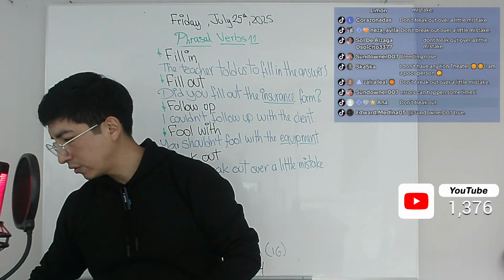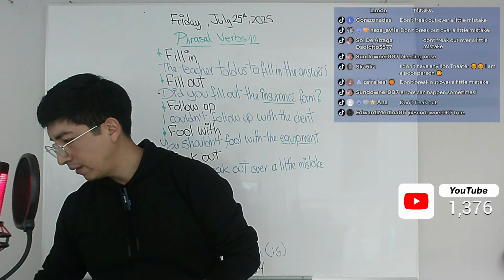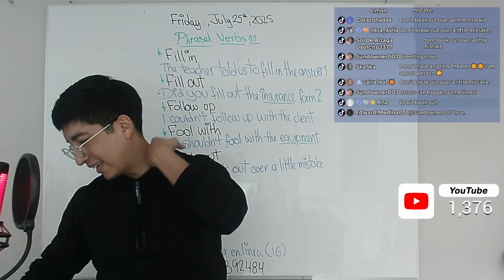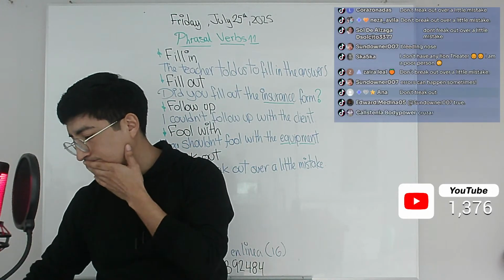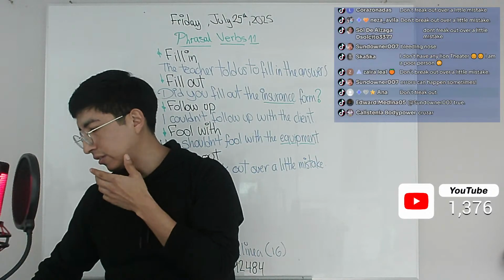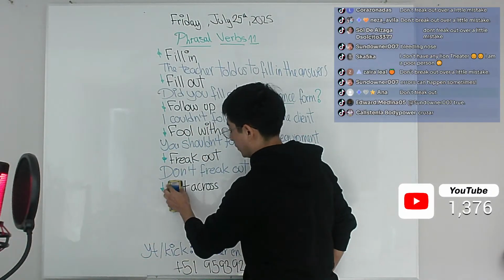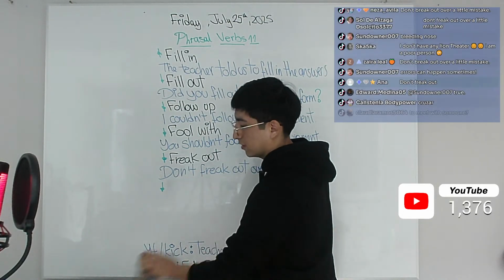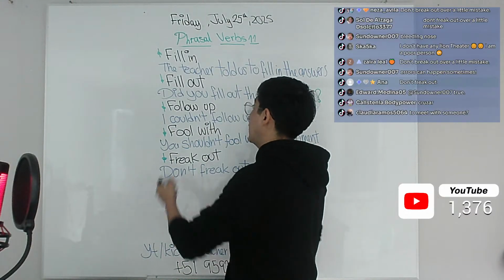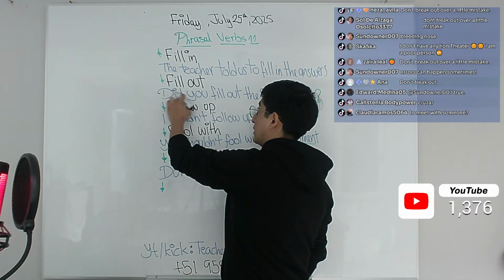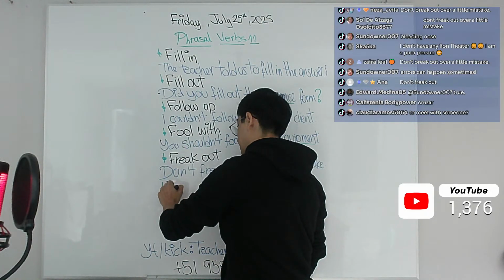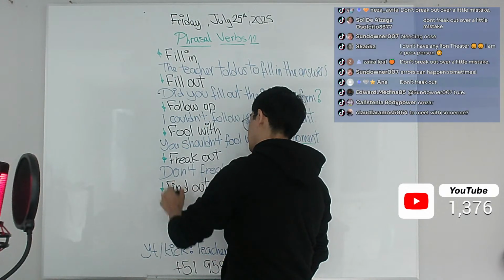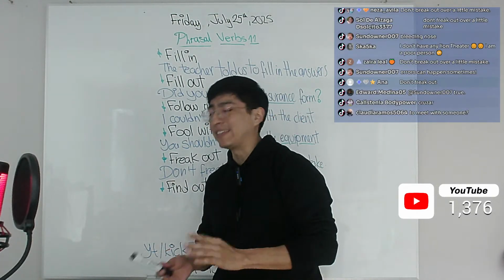Oh, I skipped one. I'm going to erase this. Not yet, guys, not yet. I skipped a verb here. I realized I did it. The next one is find out. Okay, this one is very easy.